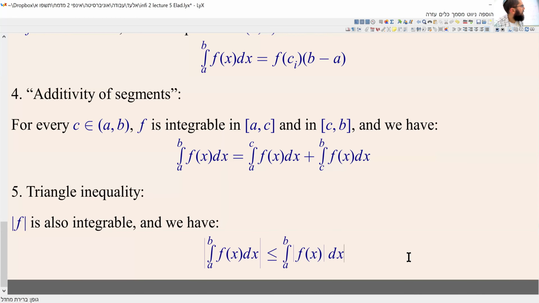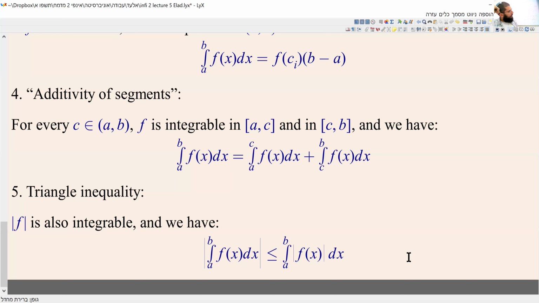This does make sense because on the left side of the inequality, first of all, we calculate the integral, in which positive areas and negative areas can cancel each other.